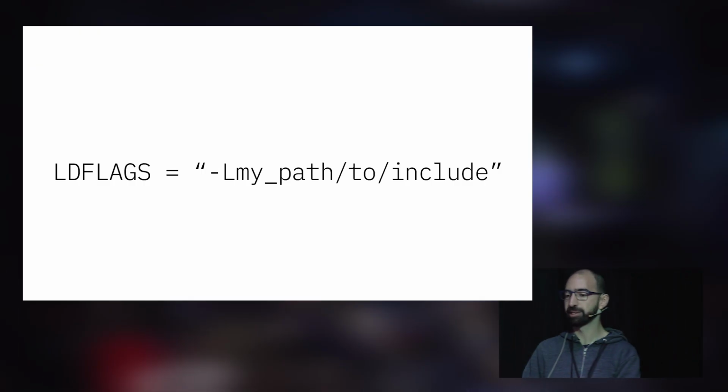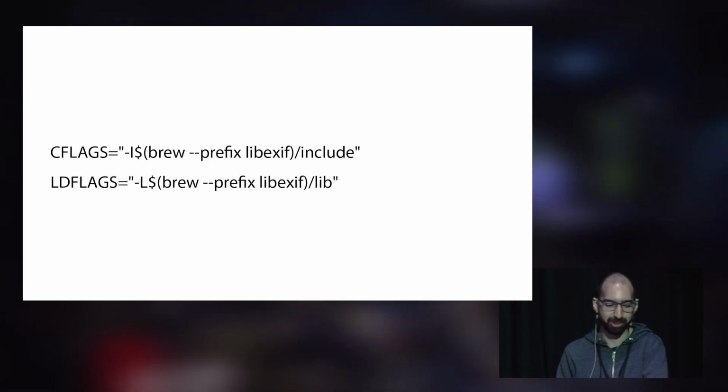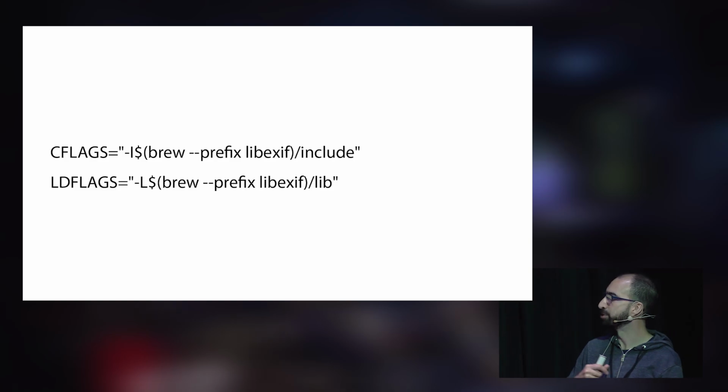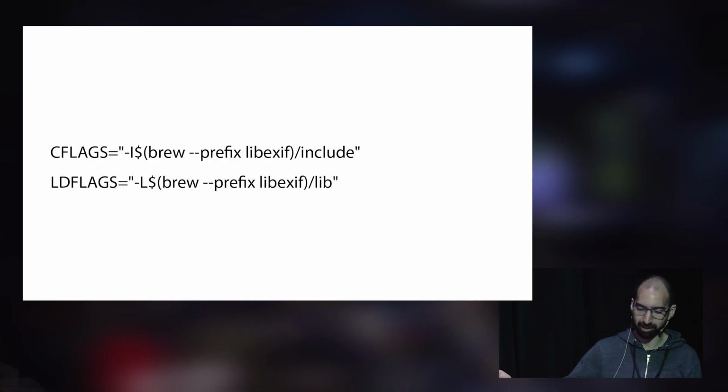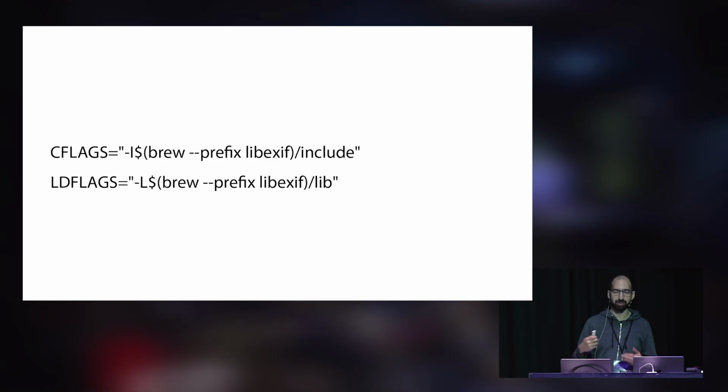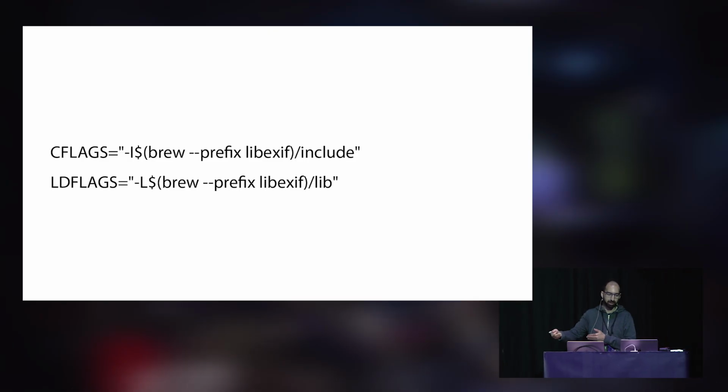So if you put all of this together, this is what we need to pass: the C flags and LD flags with the brew prefix and the include and library. And how do we pass these environment variables to the C toolchain?